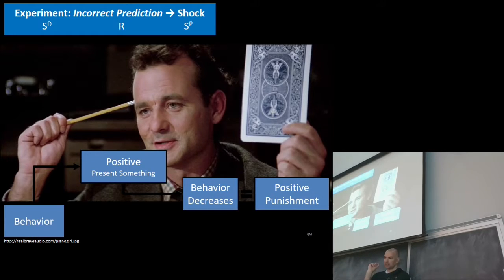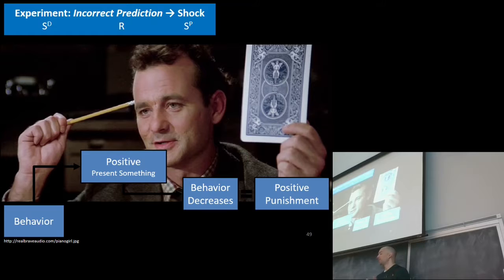But theoretically, the expectation was that the shock would cause it to go down, which would make it a positive punishment contingency. But you're absolutely right, and that's a good catch. And this is something to remember: whether something is punishment or whether something is reinforcement only depends upon whether the behavior goes up or whether the behavior goes down.